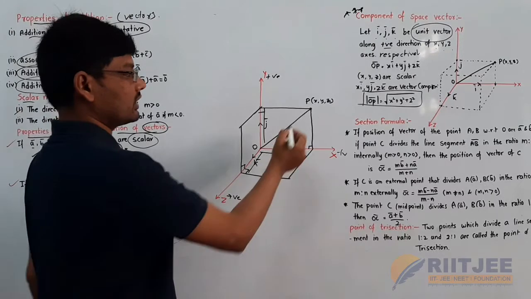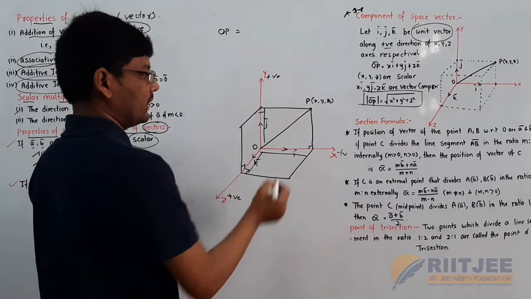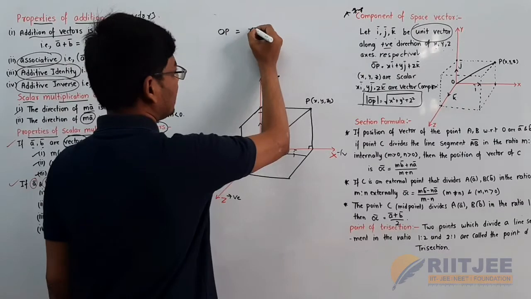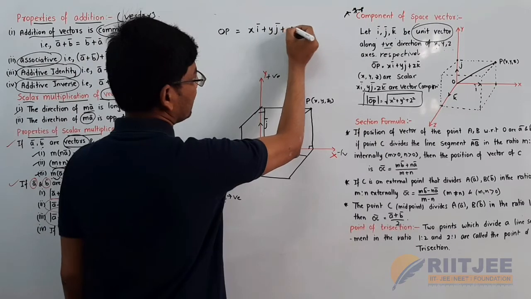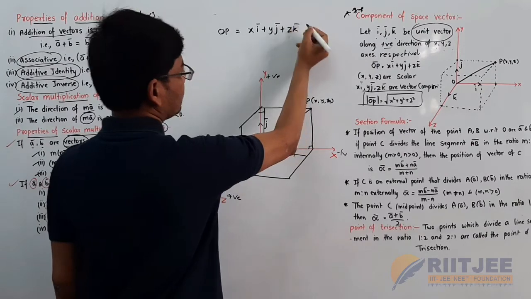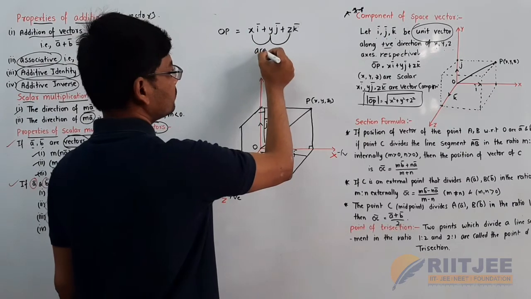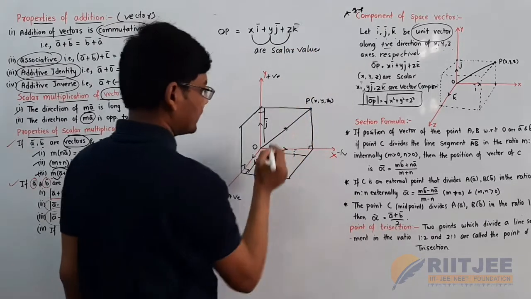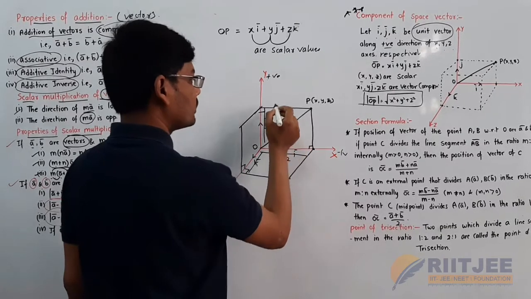The vector representation for any vector OP, which is a directed line, is x into i bar plus y into j bar plus z into k bar, where x, y, z are scalar values, for example 2, 3, 4.